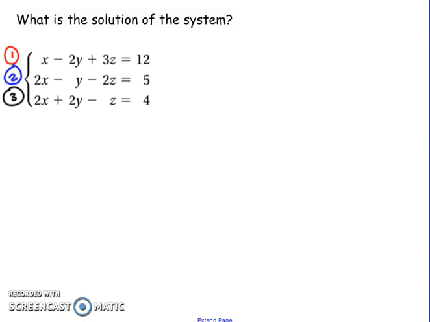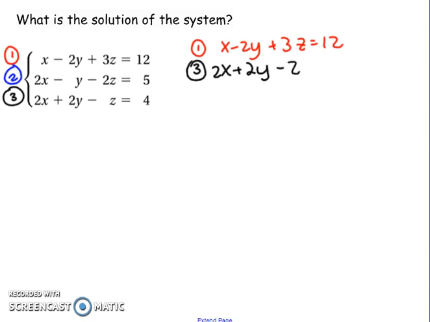So first I'm going to use 1 and 3. They're already set up so that my y's are the same. They're both 2y and they're opposite signs. So I can go ahead and add them.